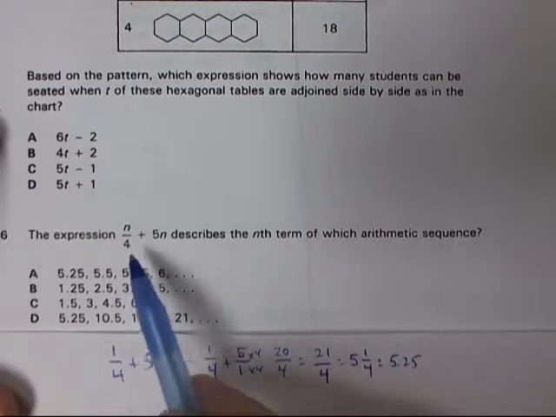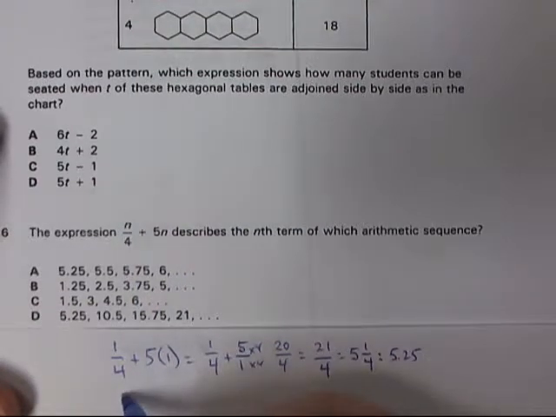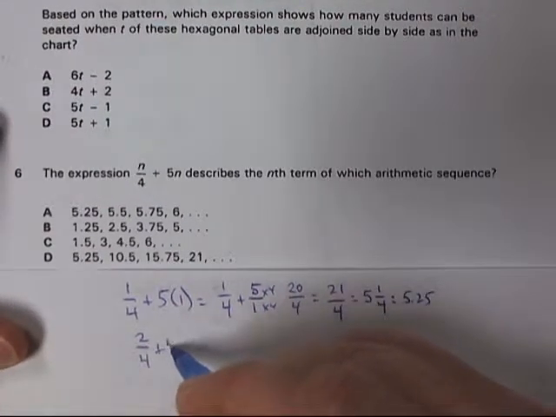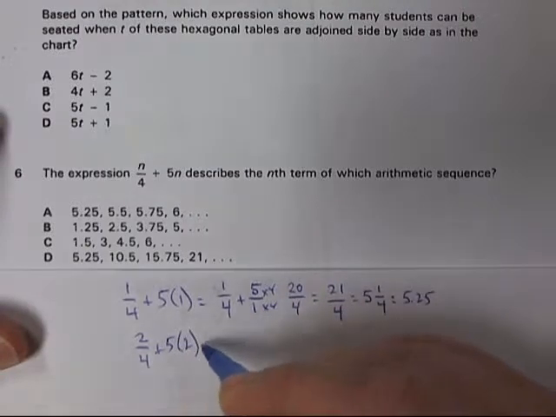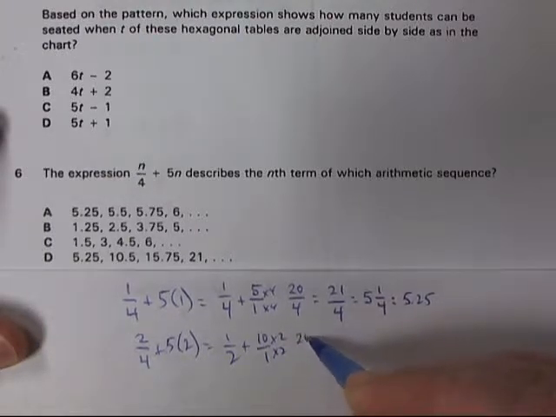Let's plug in position 2. When you plug in position 2 into the expression, you have 2 divided by 4 plus 5 times 2. So we get 1/2 plus 10 over 1. Let's multiply by 2 to get a common denominator. So 20 over 2.